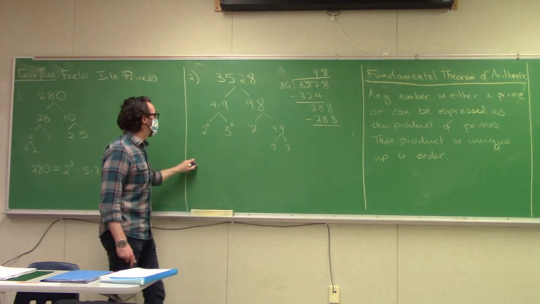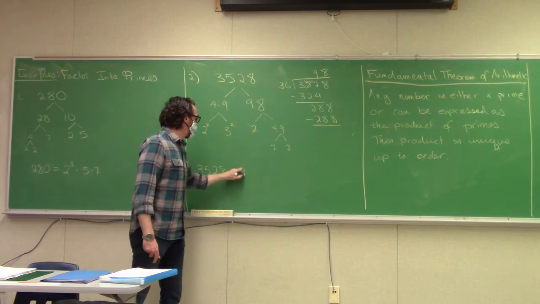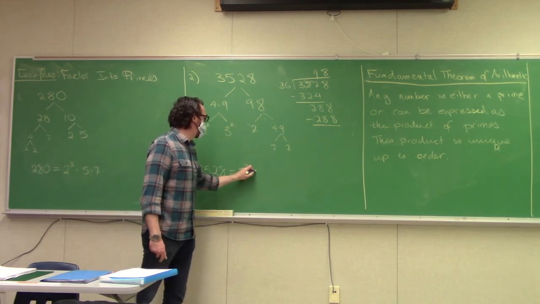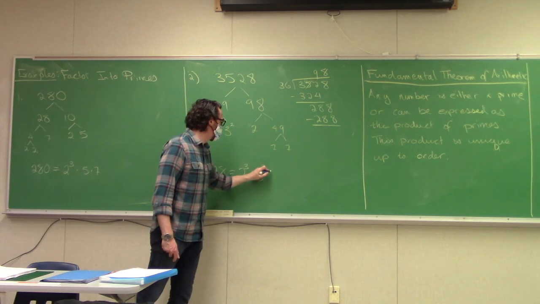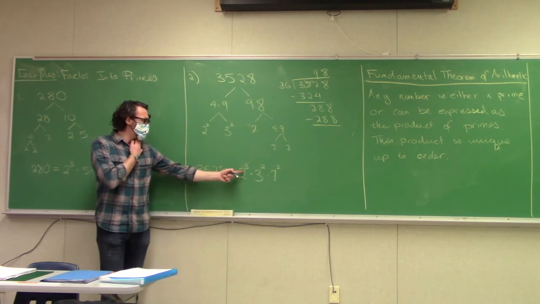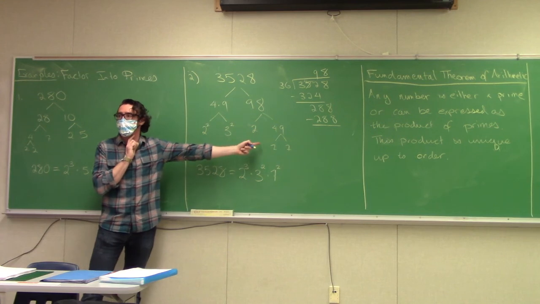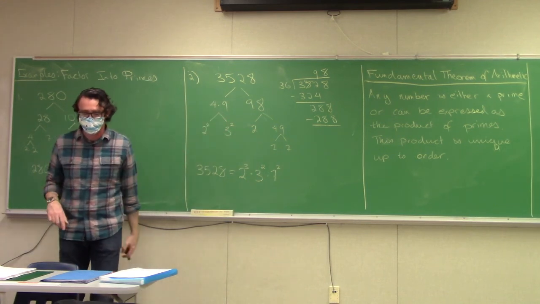So the prime factors of 3,528 are 2 to the power 3, 3 to the power 2, 7 to the power 2. Why is it 2 to the third? Didn't I just say 2 squared right here? Right, there's another 2 on the other branch, so we have to count up all those 2s.